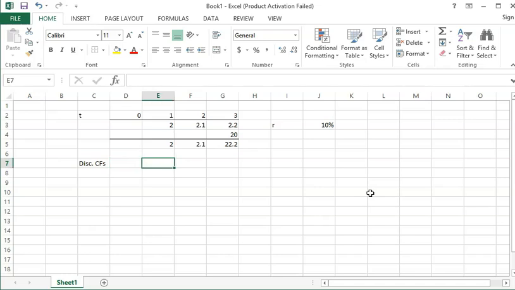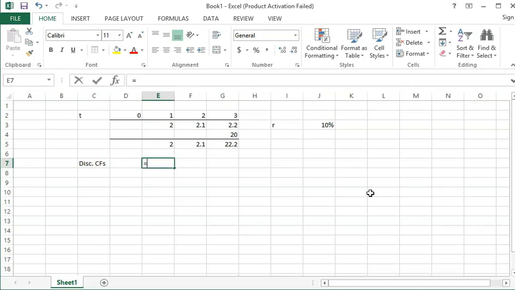So how do we calculate discounted cash flow? One of the ways is that you take a number divided by 1 plus r to the power 1. That is how you do it. But that is not a recommended way, because it is a bit more complex, with more chances of error, and obviously more time as well.